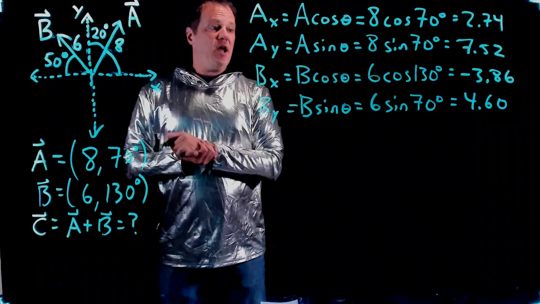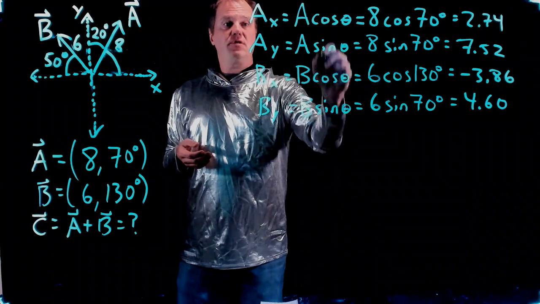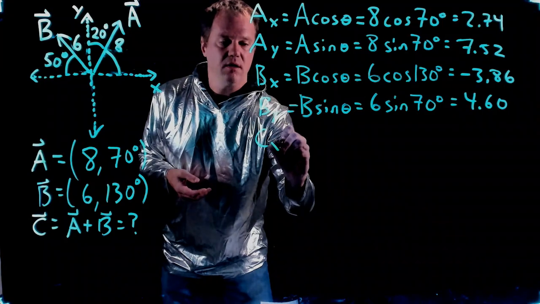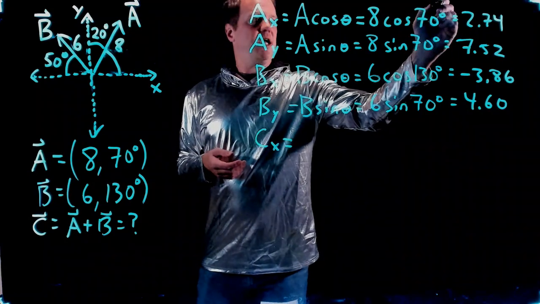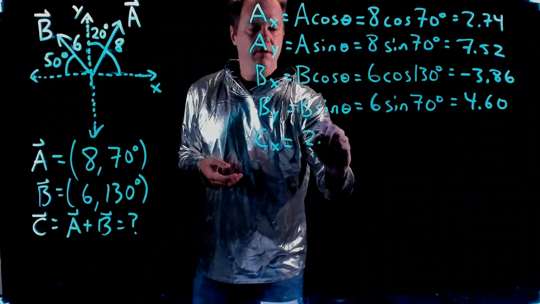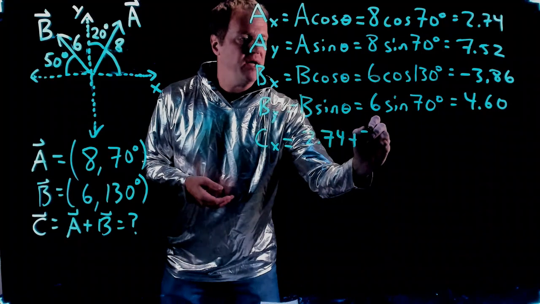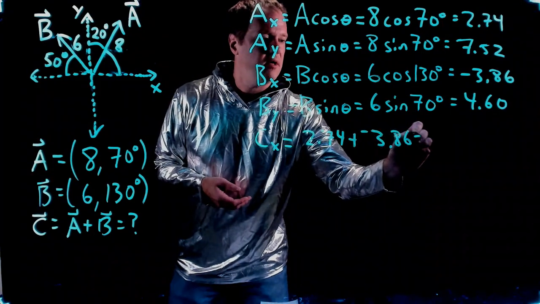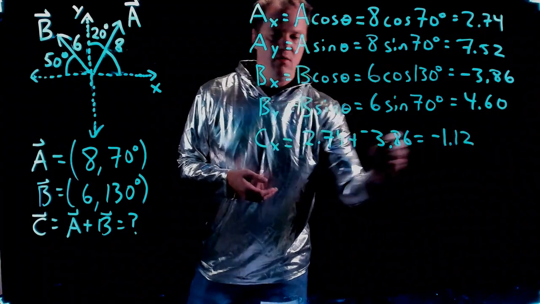Okay, so now I'm ready to add the x components and add the y components together to get the x and y components of the sum. So I just take 2.74, the x component of A, and I add that to the x component of B, and I get minus 1.12.